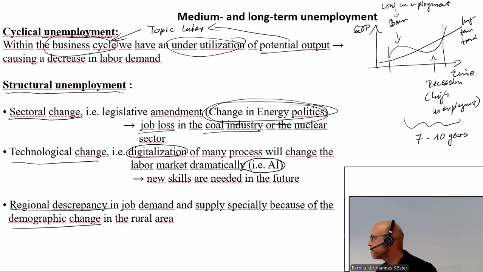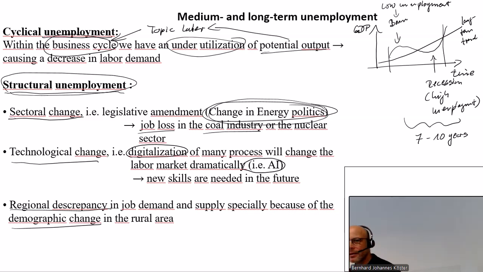But we will see if the politicians can make a good job of this. Yeah, so this structural unemployment is maybe the main point where we have to have a look, because if this long-term trend is very flat, then of course this structural component will be large.